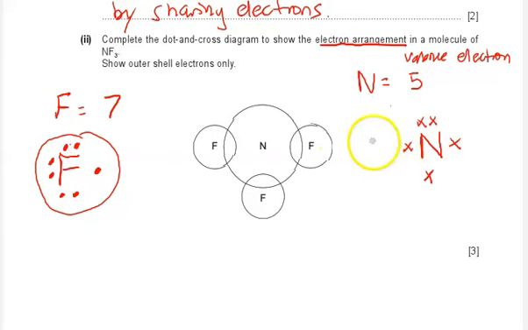For fluorine, I am using black color. So here's 1, 2, 3, 4, 5, 6. Same goes to here, 1, 2, 3, 4, 5, 6. Here, 1, 2, 3, 4, 5, 6.